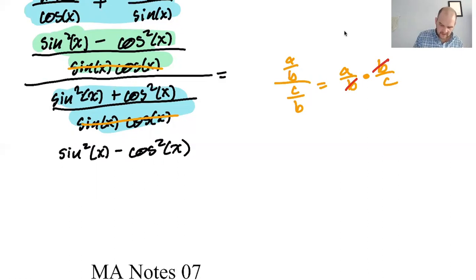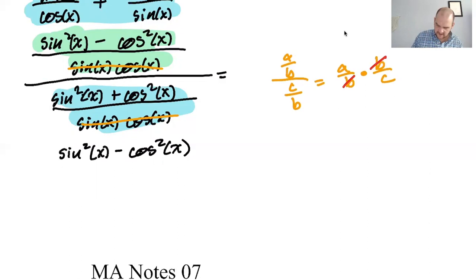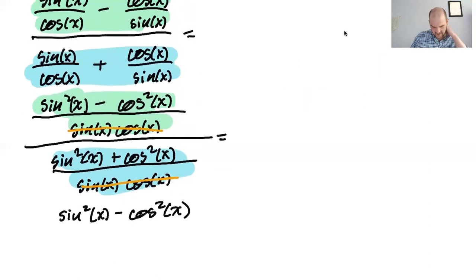Another way of thinking about it is that you're multiplying by sine times cosine over sine times cosine, right? And that's just multiplying by 1. Maybe I should be writing this. Where do I have space? All right, you know what? We're going off the rails.